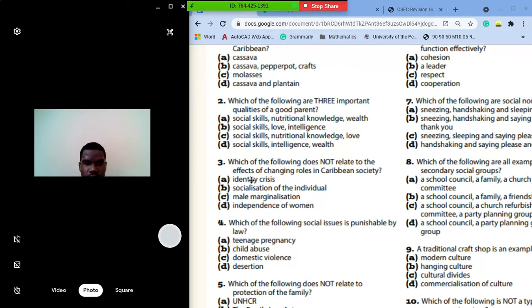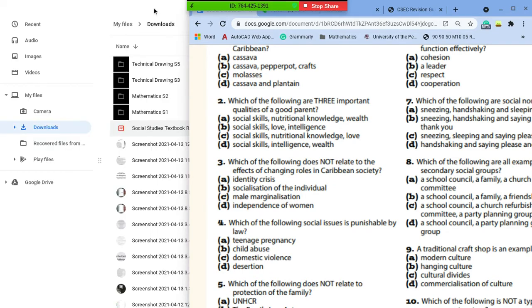Right? What does it mean to have socialization of the individual? Anybody? Sir, can you repeat that first? What does it mean when we say socialization of the individual? And is that an effect of the changing roles? So if a student wasn't properly socialized, would that relate to the fact that there are changing roles in the Caribbean society?